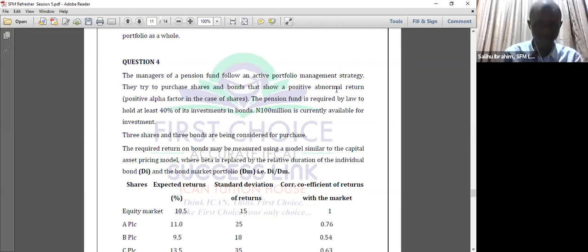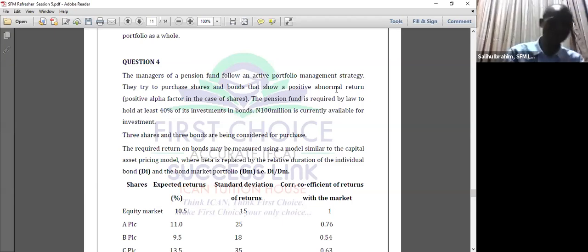What is this question saying? Let me explain that paragraph. To calculate required return, I've already told you, you are using a formula, you must have a beta, isn't it?